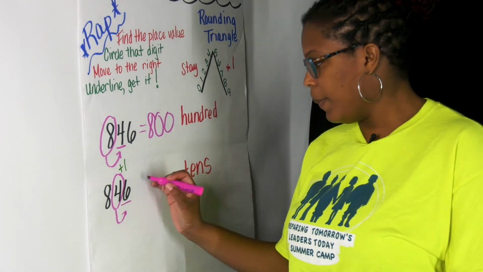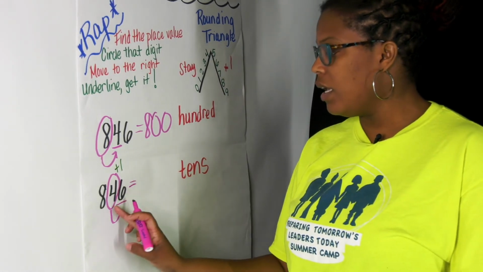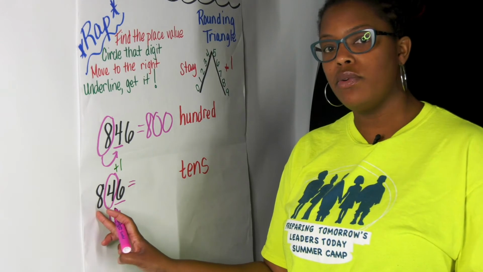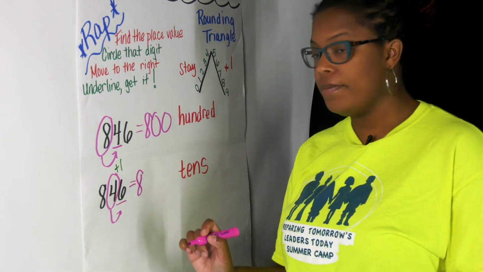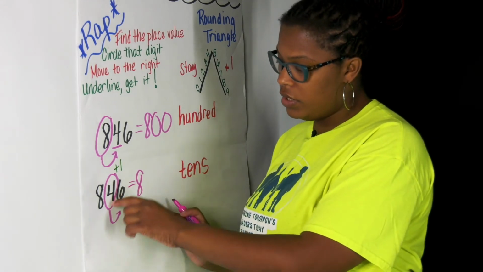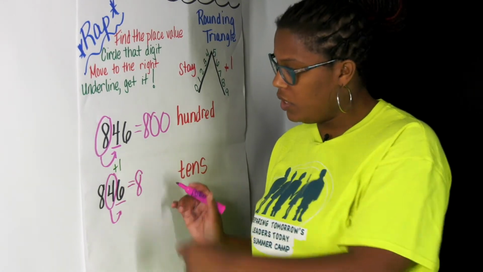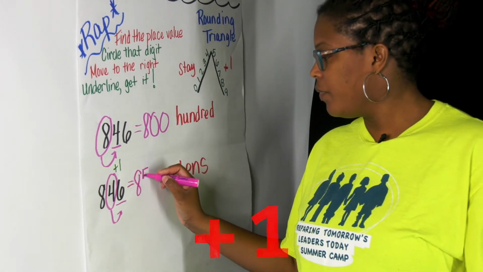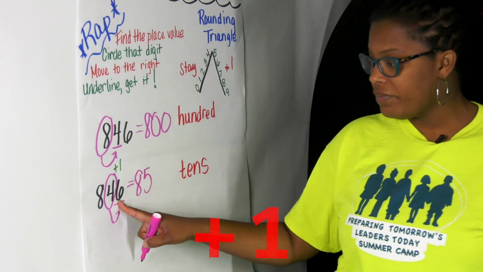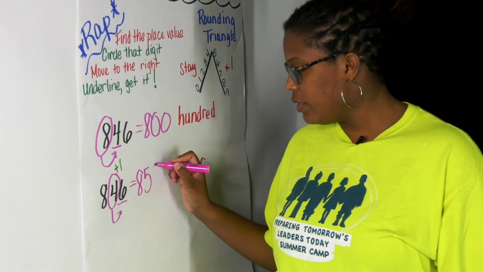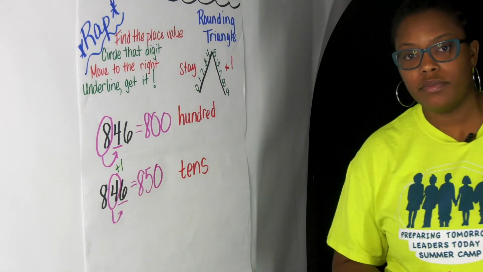So anything in front of your circle remains the same. So the 8 stays the same. The circle digit, what are we doing to our circle digit? We're adding 1. That turns into a 5. And remember, anything after your circle digit turns into a 0.